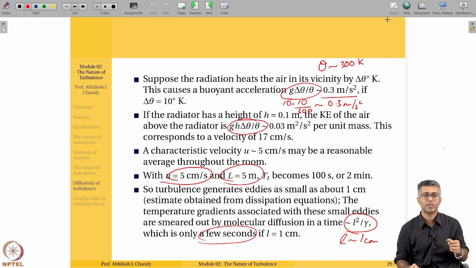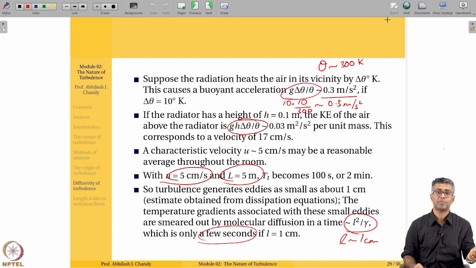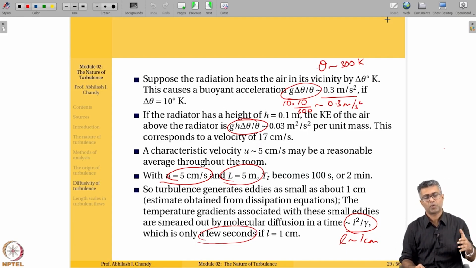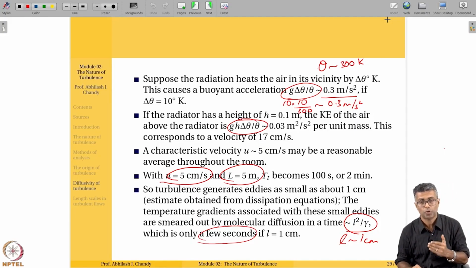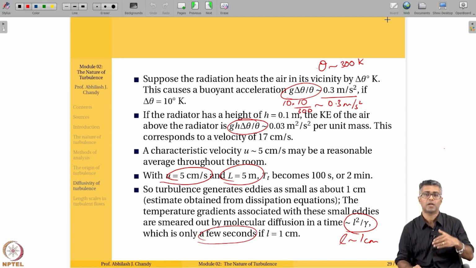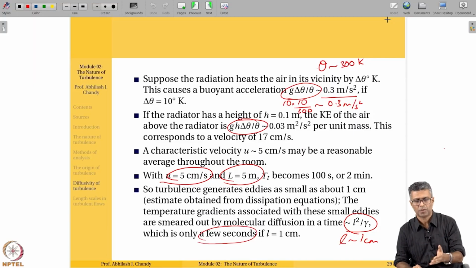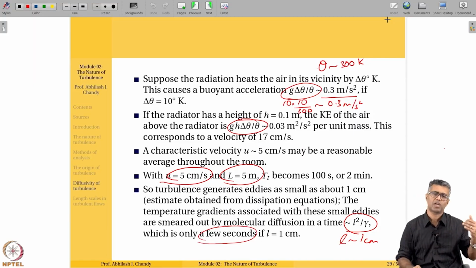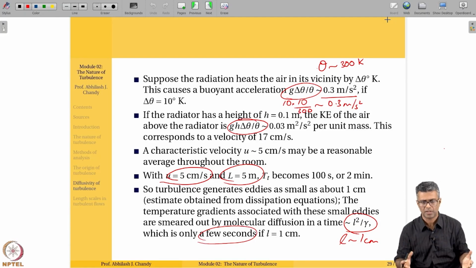That led us to try to estimate the RMS amplitude. We said, let's say there is a buoyant acceleration of the order of g Δθ over θ, which approximately comes to 0.3. If you estimate the kinetic energy per unit mass, it comes to 0.03 meters squared per second squared. Velocity comes to 17 centimeters per second, calculated from the kinetic energy. So a characteristic velocity scale of 5 centimeters per second is reasonable.